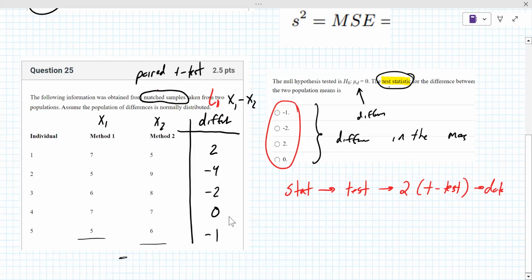If you take the average of the differences, it ends up being minus 1. The t-test statistic is like minus 0.557, which is not here. The numbers here are real nice, minus 1, minus 2, 2, and 0. That's the average of these differences.